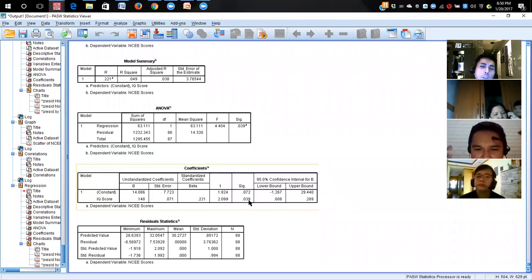When we do correlation, we were able to look at the association, the strength of the association. It's 0.221. The simple correlation will tell you it's a weak correlation. Yes, there is association: the higher the IQ, the higher the NCEE score. But that correlation is very weak.